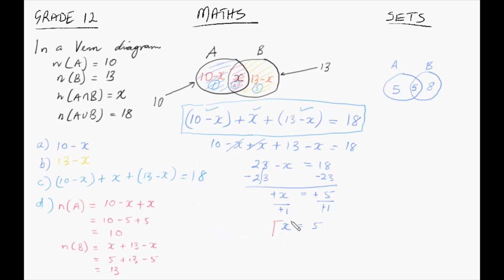That is the answer for part D. I was just trying to show you that this corresponds to this information, and this corresponds to that information. But the keyword is both A and B, which means those that are common in both sets. So this is x. That means they mean find x, solve for x. You should have come here and found x.